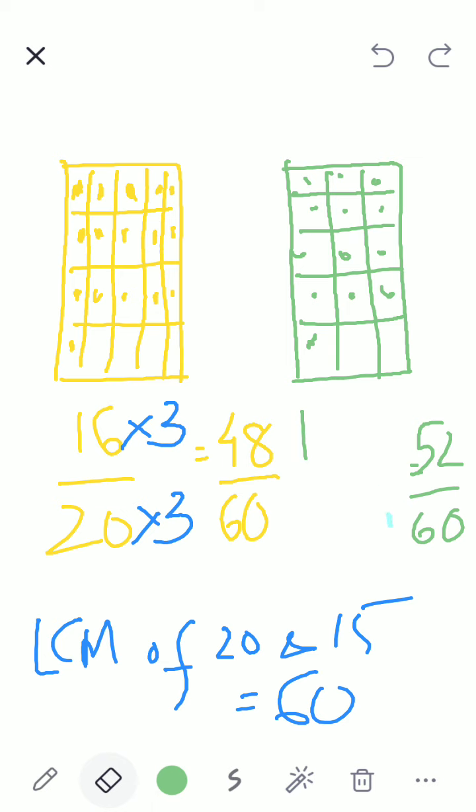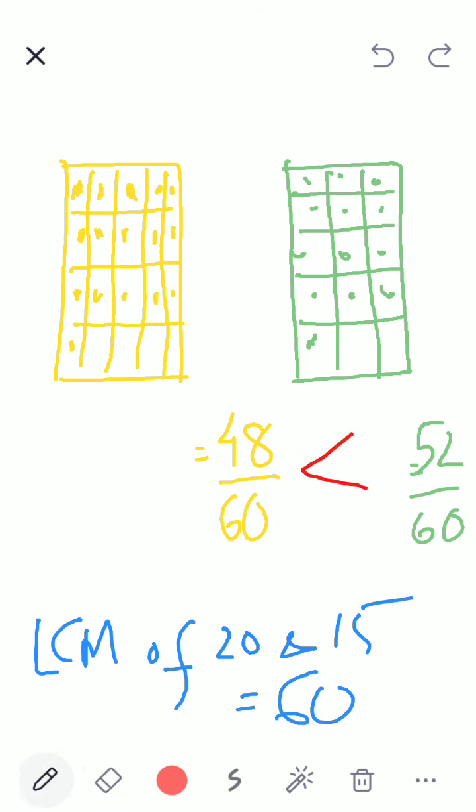I've got two equivalent fractions now. Now tell me which is bigger. So 52 by 60 is bigger. So originally it was what? Original fraction was what? 16 by 20 and 13 by 15.